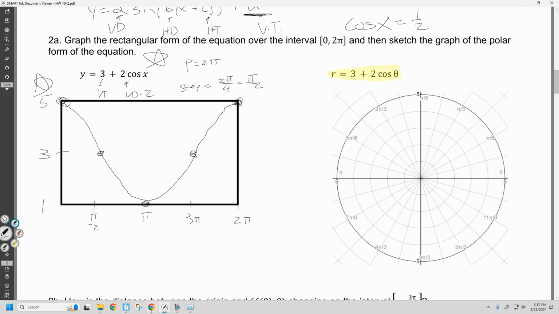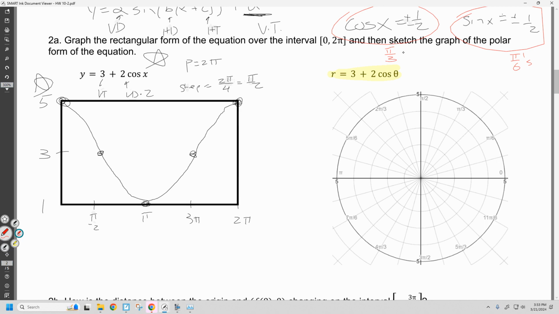Tell your neighbors, when do the cosines equal any of the halves, positive or negative a half? So, what about sine? When does sine equal a half? The cosines equal a half at the pi over 3s. The sines equal a half at the pi over 6s.